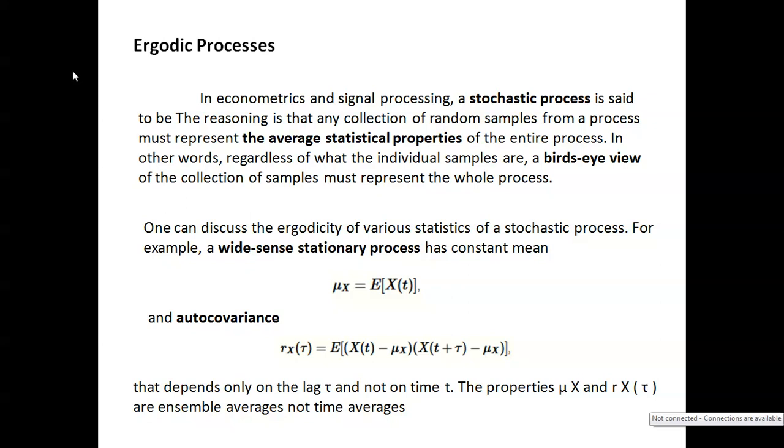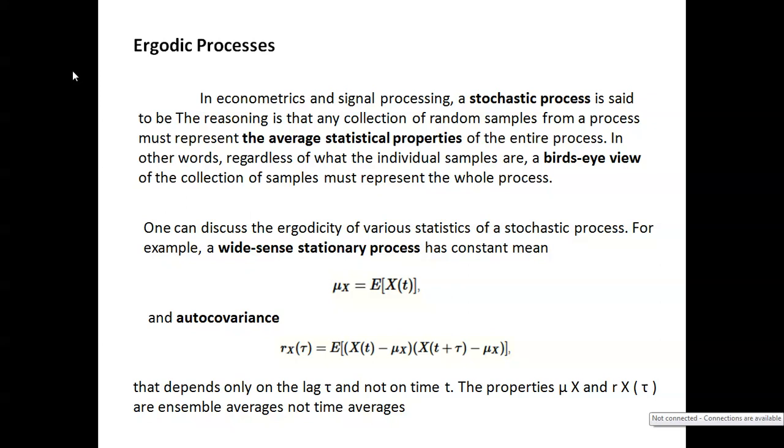So an ergodic process is about average statistical properties. For example, if you consider a collection of data, you just take it from that. That means there is a whole data set.